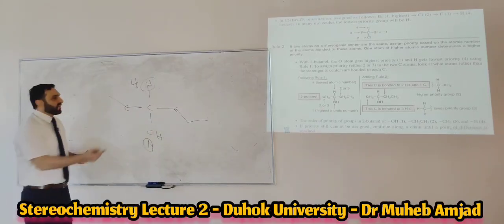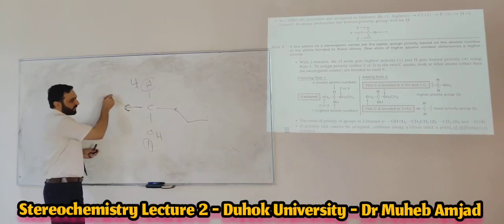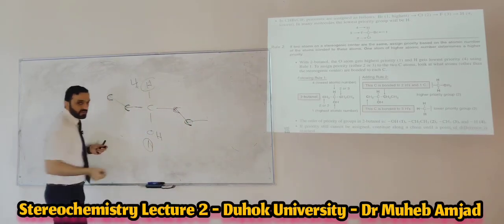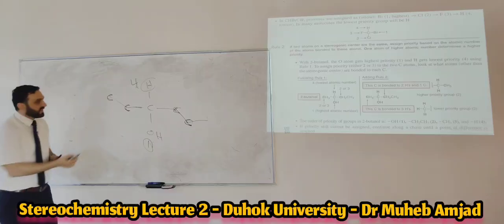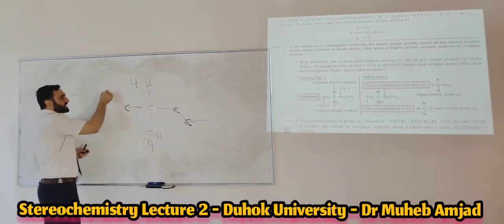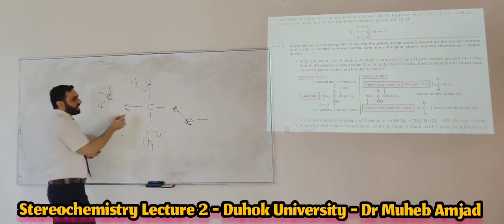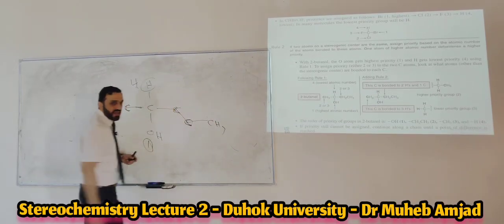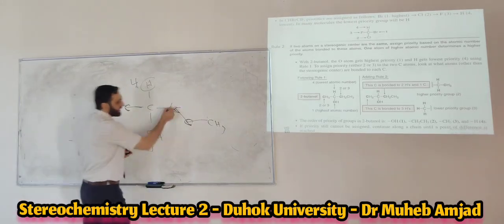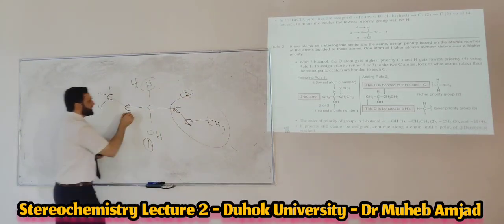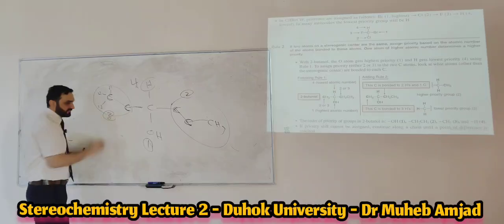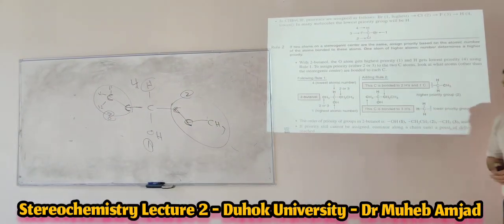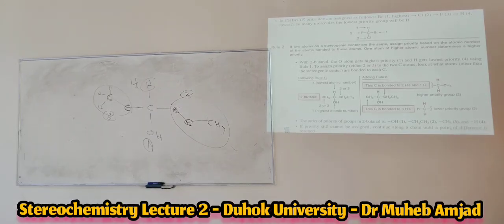This carbon is bonded to carbon, and this carbon is bonded to carbon, no difference. Go again to the next atom. This carbon is bonded to a carbon that has 3 hydrogens. This carbon is bonded to a carbon that is bonded to CH3. That means this one has the higher priority, so it will be number 2 and this one number 3. Clear? Okay.